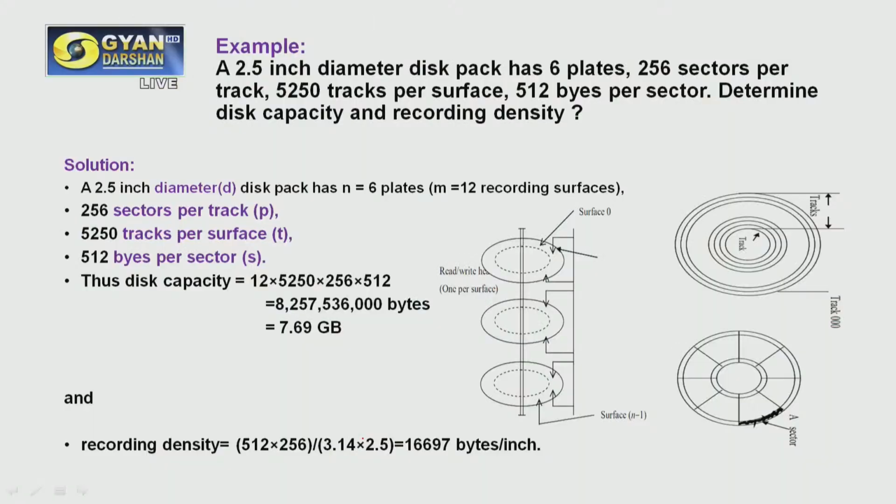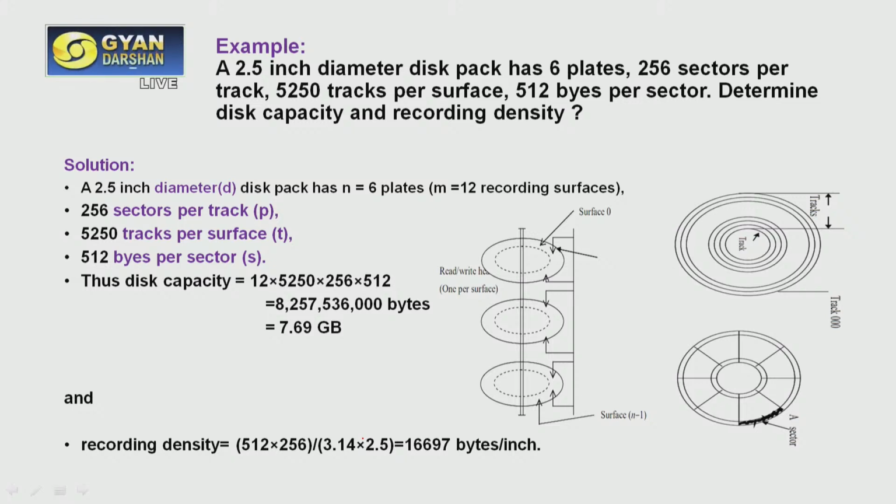Now, if we apply the understanding to calculate the recording density, the formula for the recording density is S into P divided by pi into D, where S is your bytes per sector and P is your sectors per track, divided by pi, that is 3.14, into D, that is diameter.